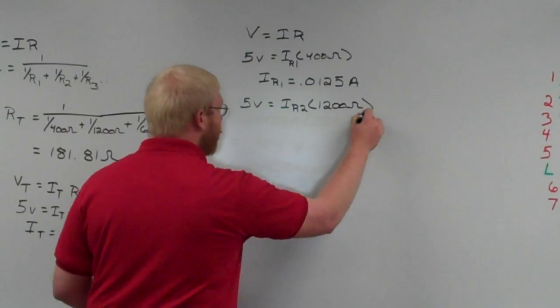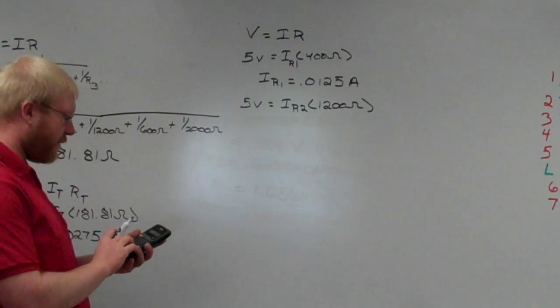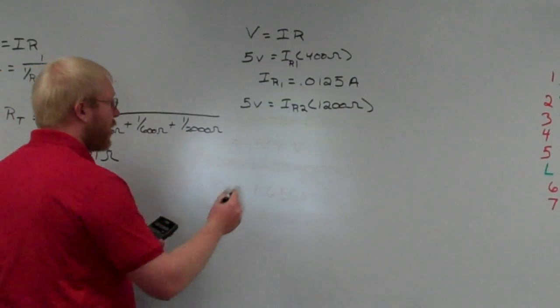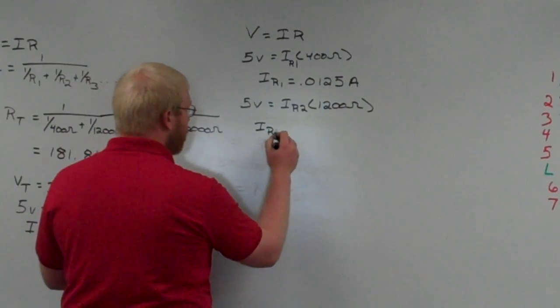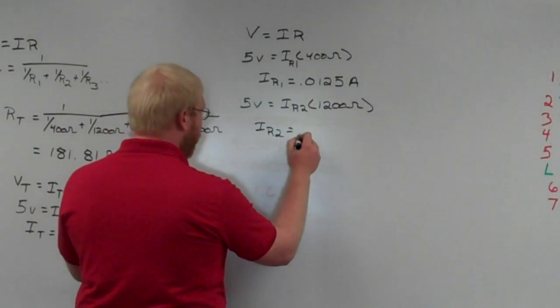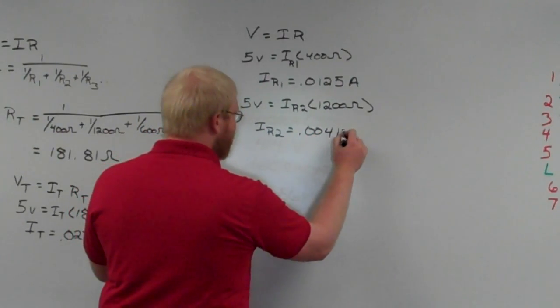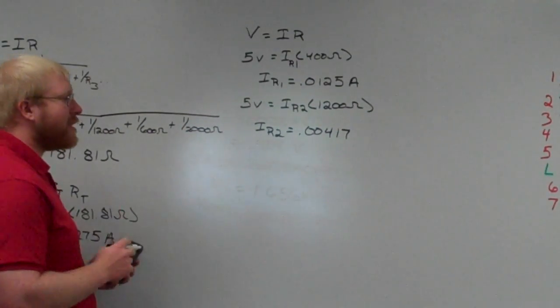Otherwise, it's not going to calculate out right. I need to take it out of its SI prefix. So if I take 5 divided by 1200, I find that my current is equal to 0.00417, approximately. I went ahead and rounded that off. I can write all these in when I'm done.